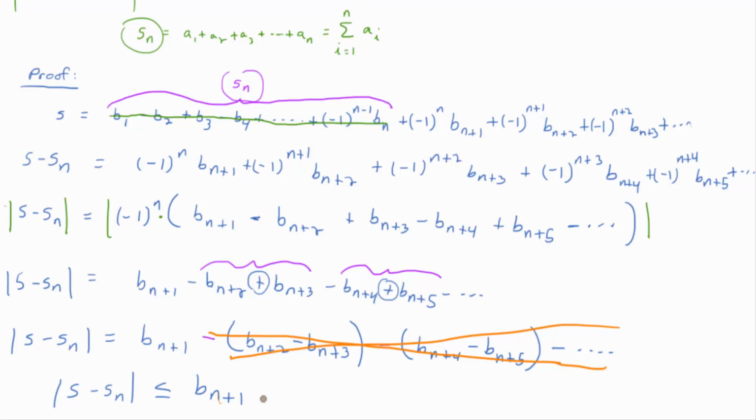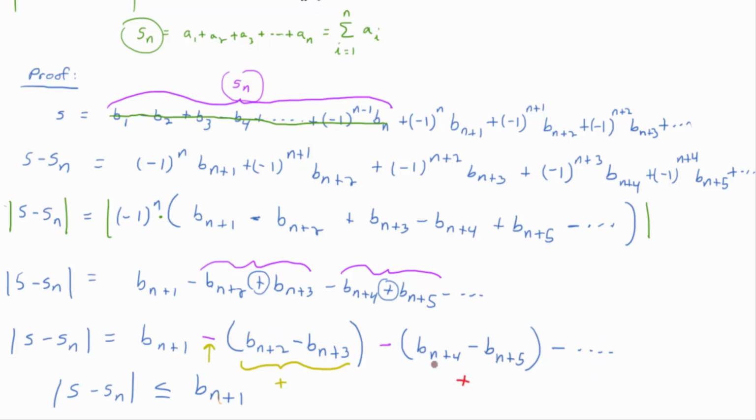Well, it's because of the decreasing nature of the b_n. Look, I know that this guy is a positive number. b_{n+2} is bigger than b_{n+3}. You're subtracting b_{n+3} from a bigger number. It's positive, but then you're subtracting off a positive number from b_{n+1}, which makes it smaller. Here, same idea. This is before I erase all this stuff, in other words.